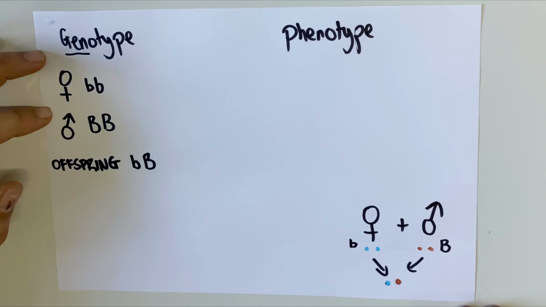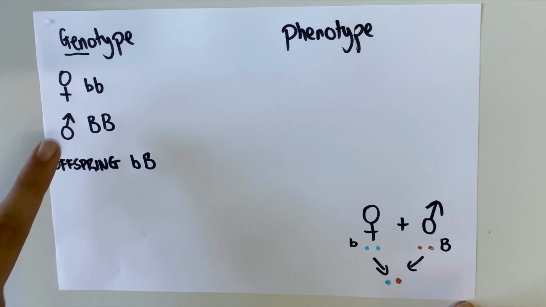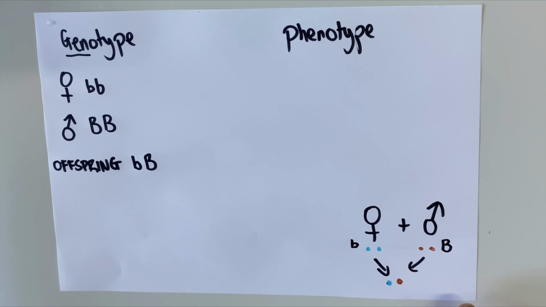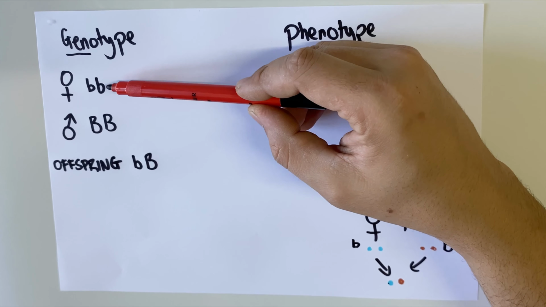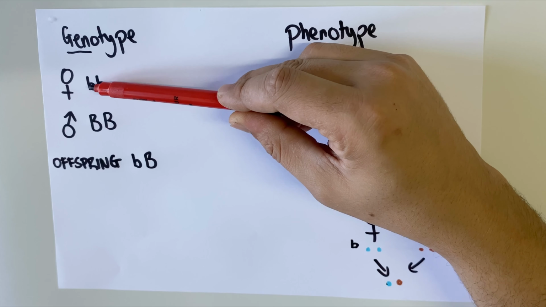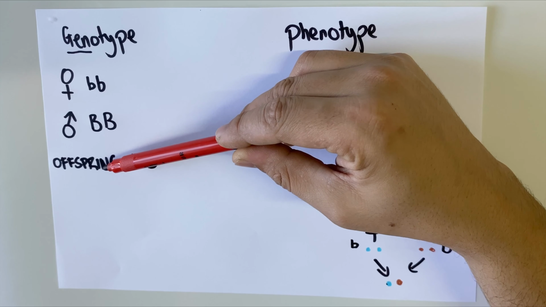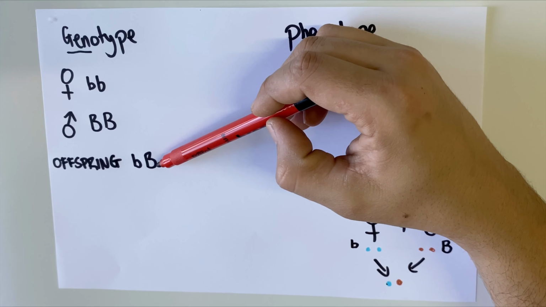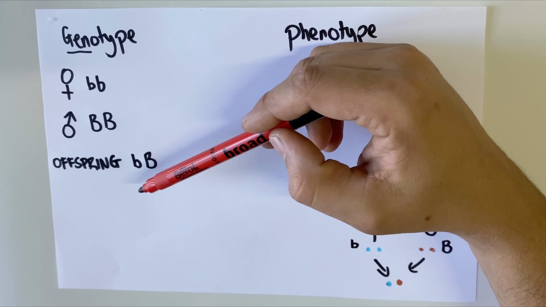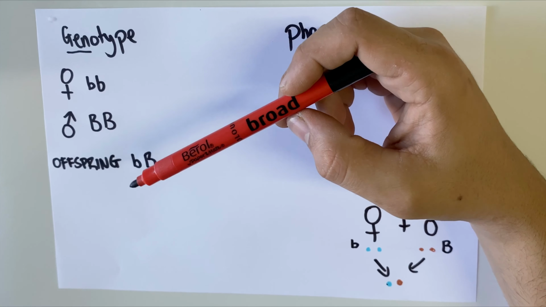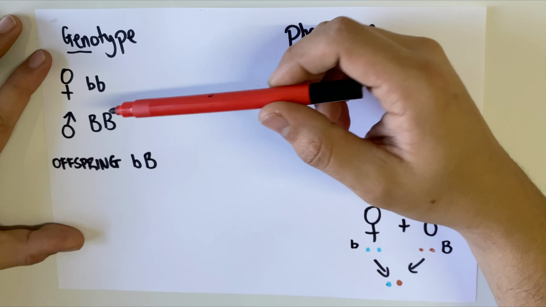Now, if we were just to look at this, it doesn't tell you what the visual characteristic of that organism is. We know its genes. We know the female has little b, we know the male has capital B, and we know the offspring has little b, capital B, but that doesn't tell us anything about the visual characteristics of the organisms.